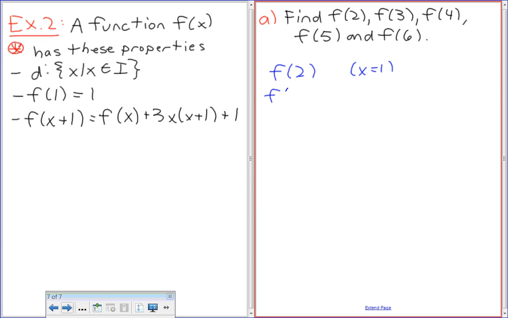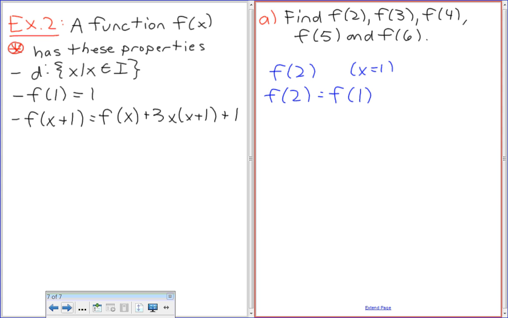So for f of 2, can someone be brave, if x is equal to 1? Andrew, I'm picking on you. What is f of 2 going to equal? Try and be brave here. What does f of x mean in this case? Well, okay. So x is 1, so we're going to say f of 1. Right?